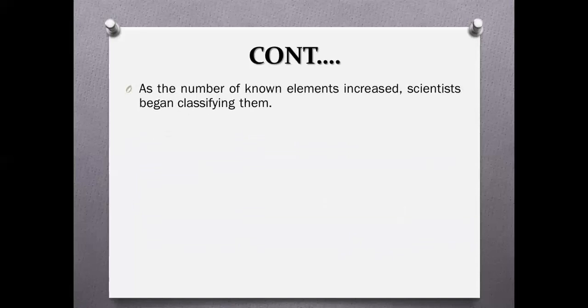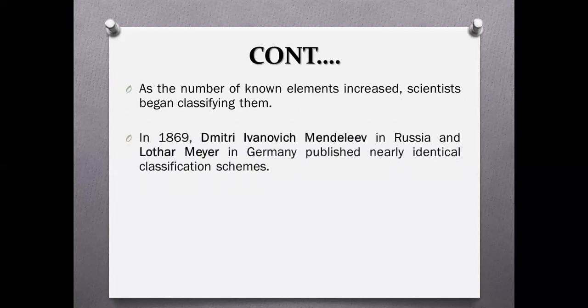If the number of elements increased, you can't treat them all separately. They wanted them to be classified, right? So for that, in 1869, Dmitri Ivanovich Mendeleev in Russia and Lothar Meyer in Germany published nearly identical classification schemes.